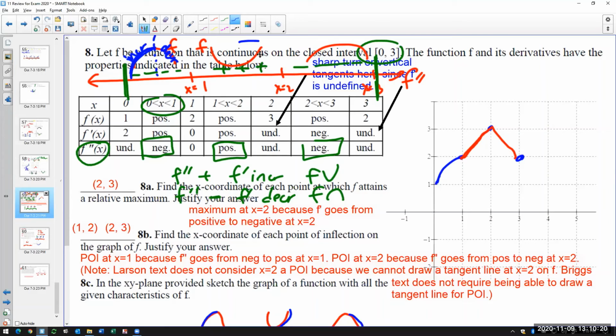And then I'm going to be concave up. But again, I'm going to divide this. On this side, F is decreasing. On this side, F is increasing. This F is just increasing, so what I have to do is take this part of the cup, half of a cup. So then I come over here and I draw half of a cup. You guys see how this works? Okay, so there's my picture. And then finally, I go back down.